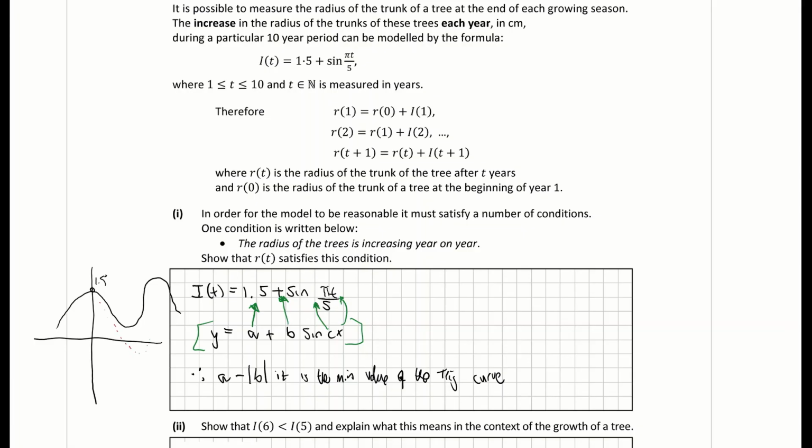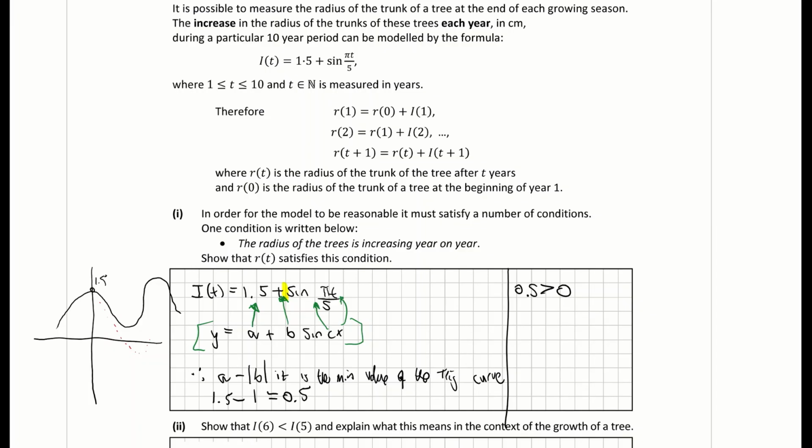The reason for that is that, as I said here, if a minus the modulus of b is positive, and my b is the number in front of the sine, which they're not showing, which is a factor of 1 basically, then a is my 1.5, and I subtract the factor of the sine, which is 1, which is giving me 0.5. And we know, obviously, that 0.5 is greater than 0.